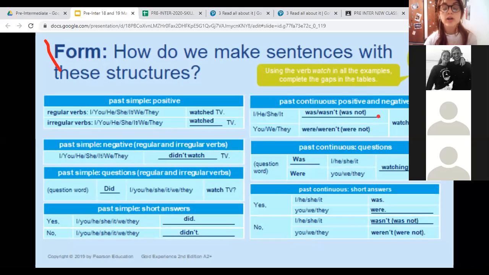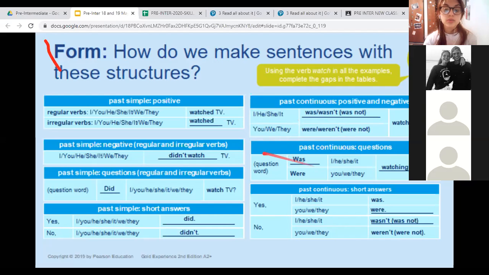So here we are also using the verb to be, but not in the present. We will use the verb to be in the past. So that is why we will say I, he, she, it was or wasn't, that is the negative form, watching TV. Always, we always need the ing. With you, we, and they, we use were or weren't.